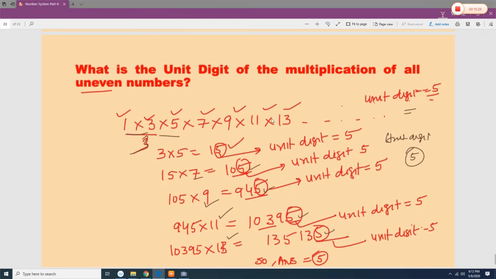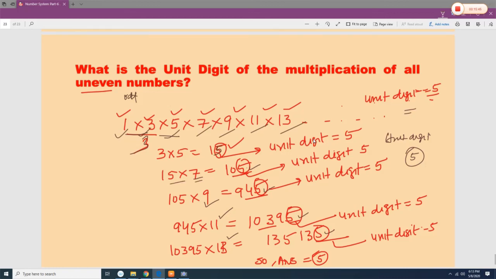What is the unit digit of the multiplication of all uneven numbers? Uneven number means odd number. So 1, 3, 5, 7, 9, 11, 13, dot dot dot till infinity. So what you need to do, 1 into 3 is 3, 3 into 5 is 15. Once you get 15, whatever the number you multiply with that 15, the final digit will be 5.